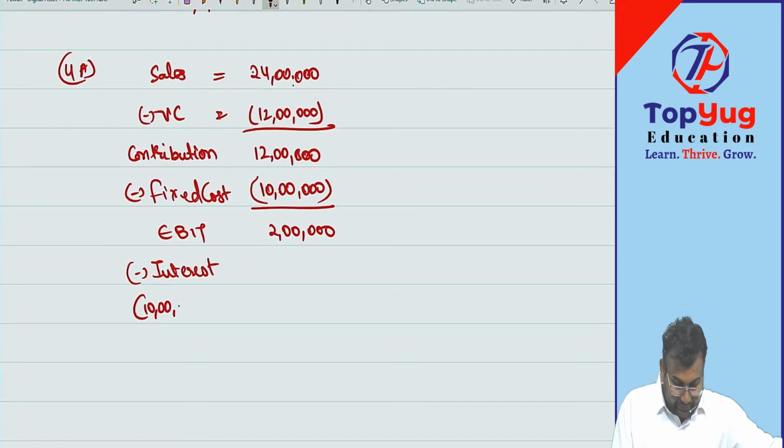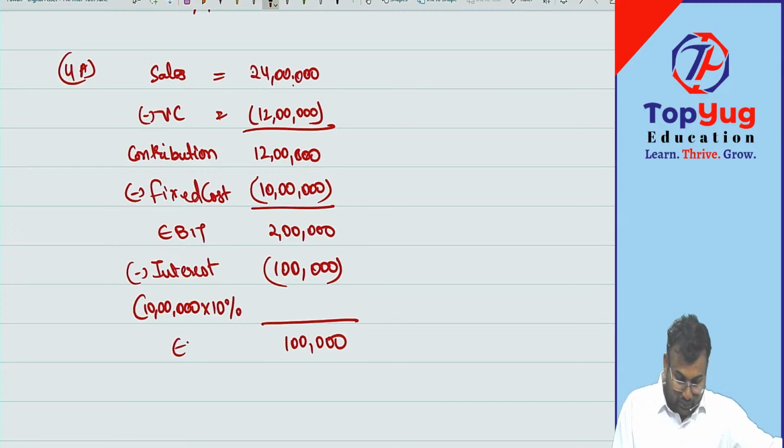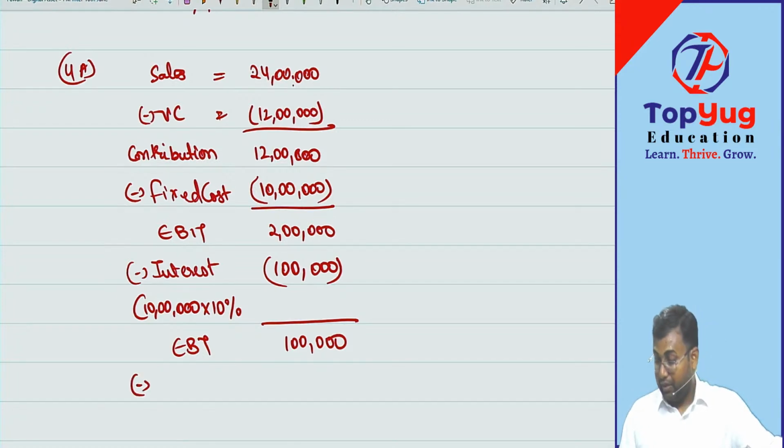It is hidden, sir. So 10 lakh into 10%. Do they have information on tax?